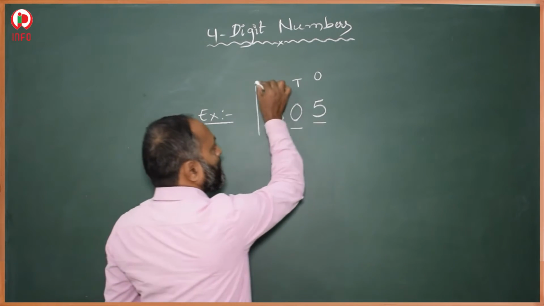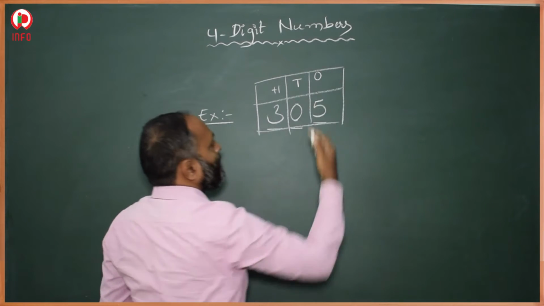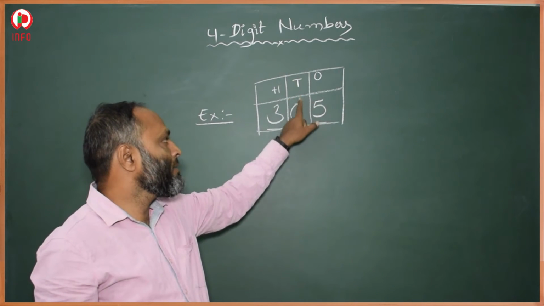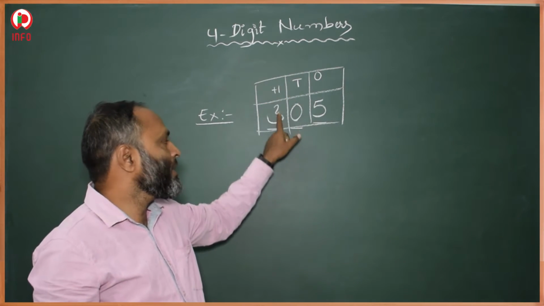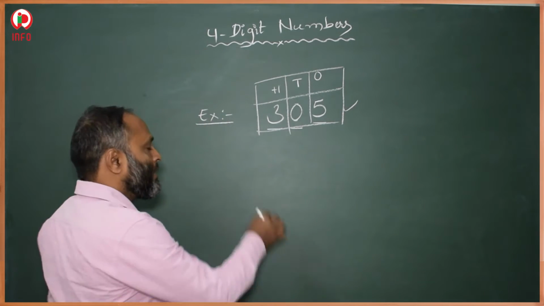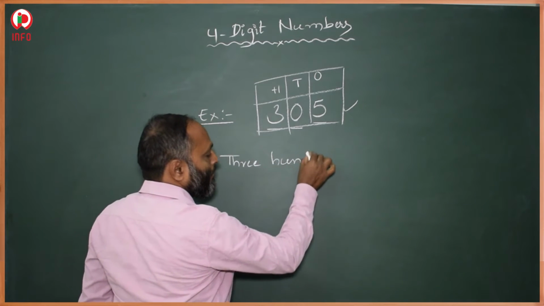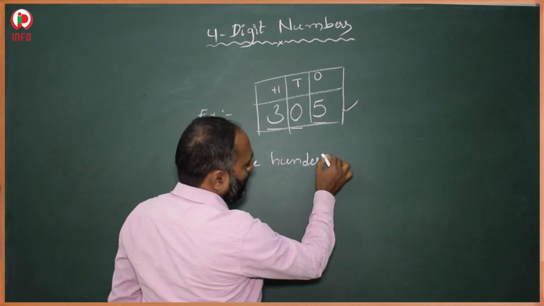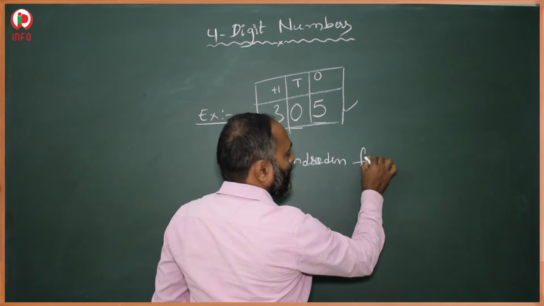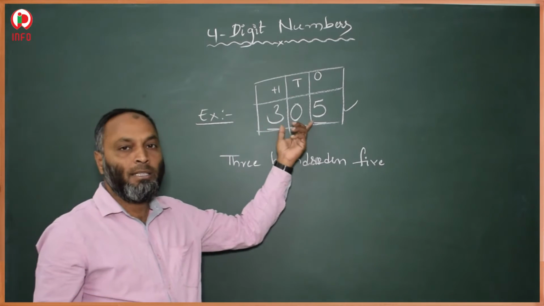In the ones place we have 5, in the tens place we have 0, and in the hundreds place we have 3. Then how to write this number into words? So in words, 305.